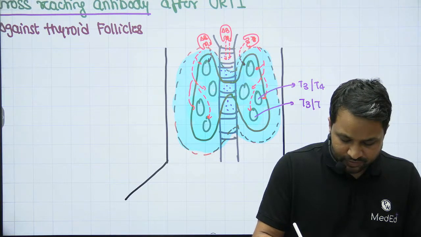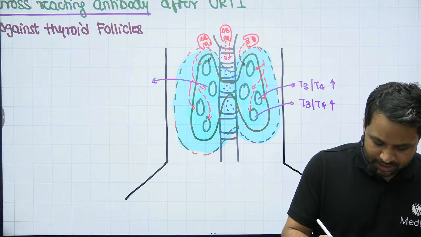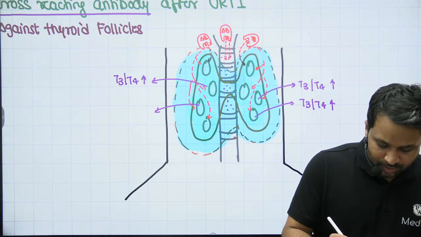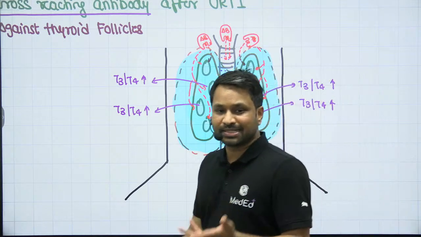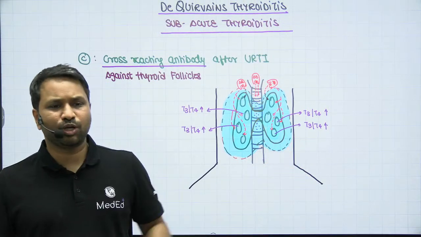So because of excessive irritation, these follicles will start to release more T3 and T4 into the circulation. Hence, initially they will result in a hyperthyroid status. So this is the basic story of de Quervain's thyroiditis.